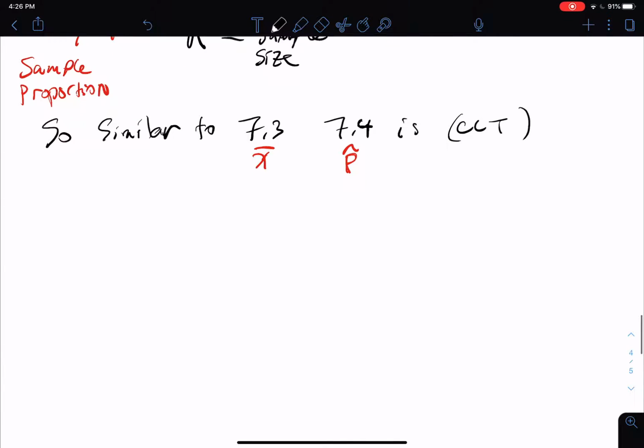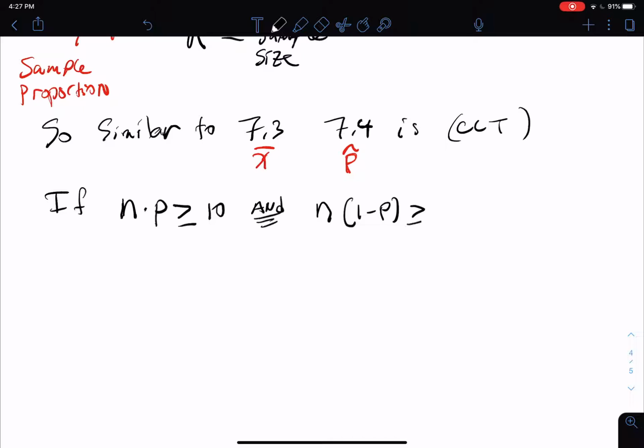So let's go over that. The central limit theorem says if the sample size times the population proportion, n times p, is greater than or equal to 10, and the sample size times 1 minus p, the complement of p, must also be greater than or equal to 10.